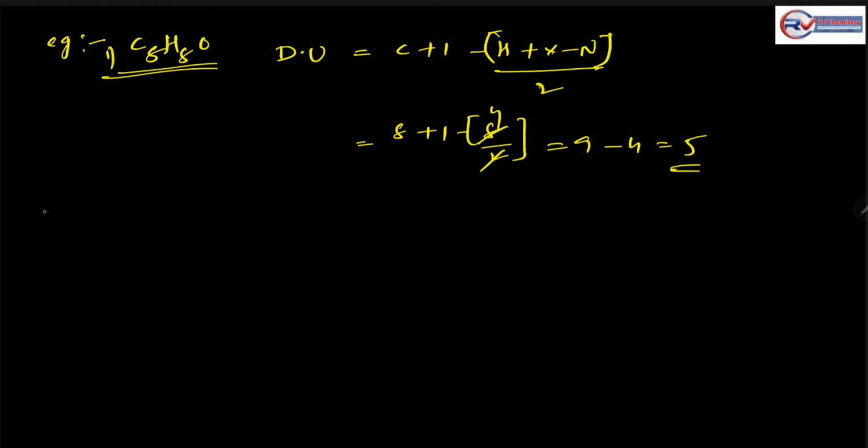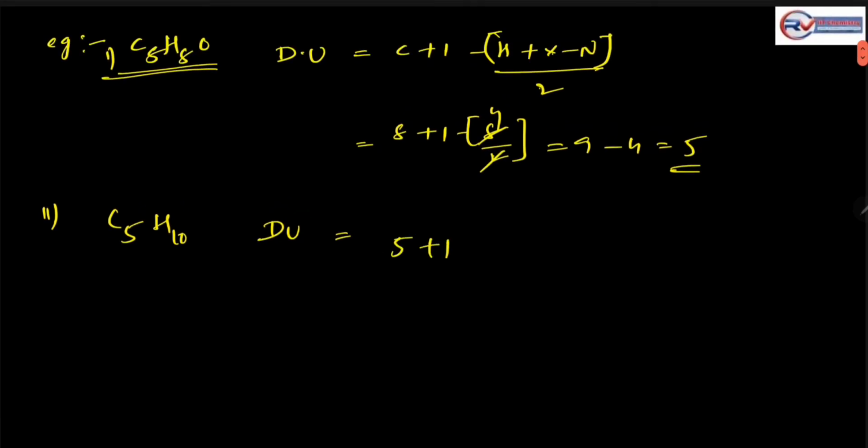Let's take the next example. C5H10. Its DU is equal to the number of carbons, which is 5. Now 5 plus 1 minus the number of hydrogens, 10. There is no halogen or nitrogen, so no need to write by 2. It is equal to 5 plus 1, 6. 6 minus 5 is equal to 1.